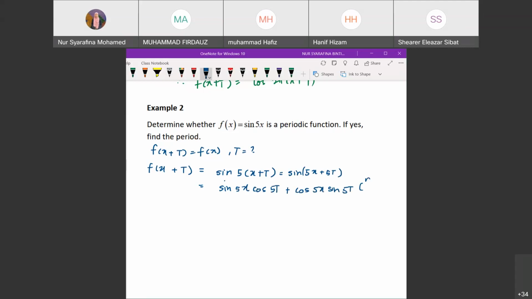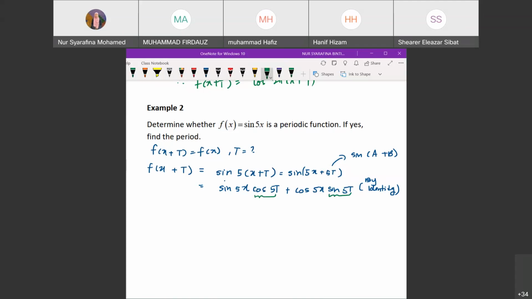Okay, this is by identity, where this is in the form of sine(A+B). Now, in order to make sure f(x+T) equals f(x), you need to show that this should be equal to what?